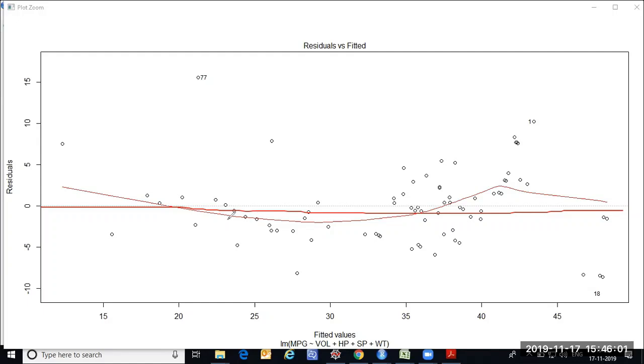Only then does it mean you are making very little mistake in your prediction. If these data points are very close to this 0 line, that means your errors are very minimal. The error values are very minimal, right?